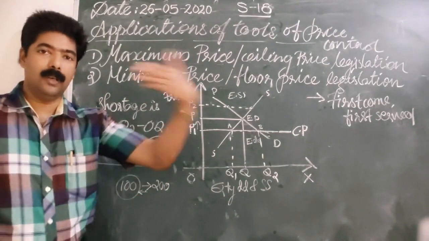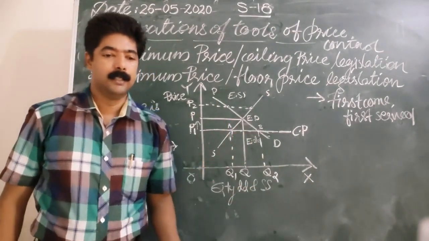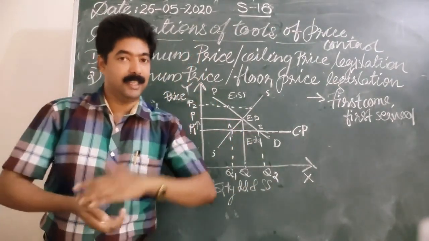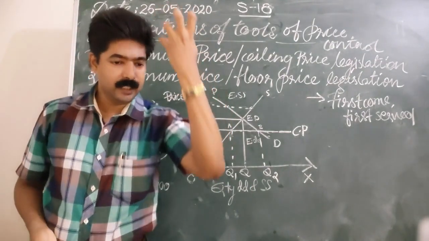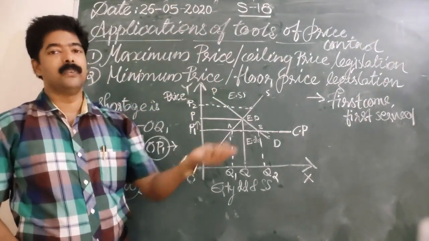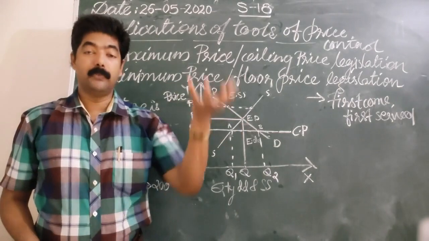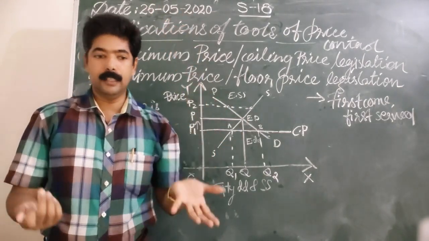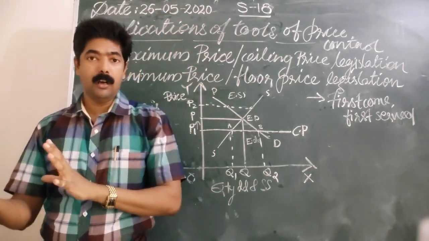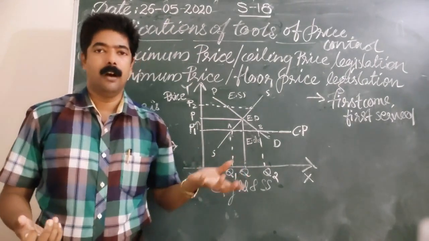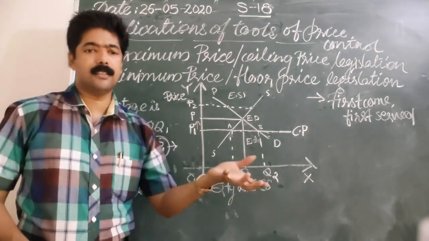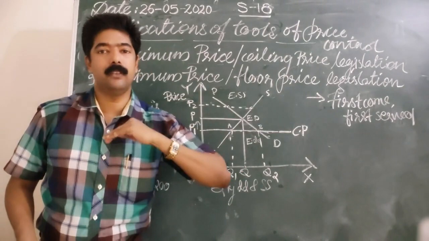The rest of the people will not get it because they were late. This system has been used in India during periods of shortage of kerosene, food products like wheat or rice, petrol or onions, etc.